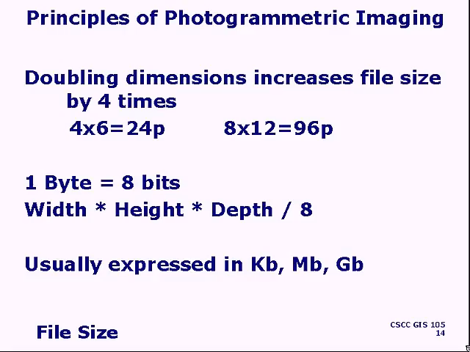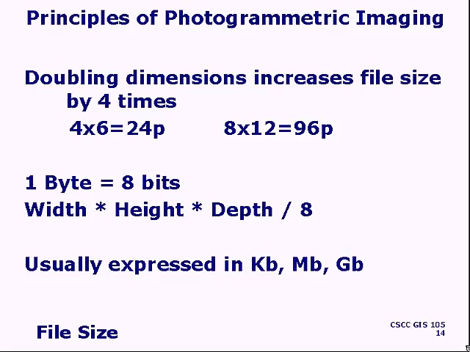Once we do that, then we usually express it, divide it by 1,000, actually 1024, but usually we're going to divide by 1,000 and round it off to get kilobytes, divided by 1,000,000 to get megabytes, or by 1,000 million, which would give us gigabytes. So understand file sizes and why they get so big so fast when we're talking about large images at high bit depths.